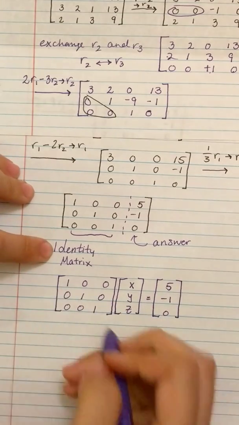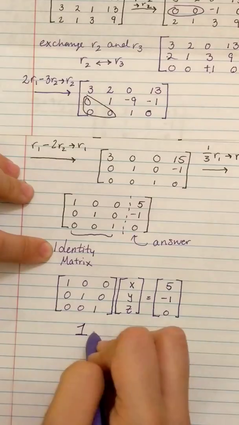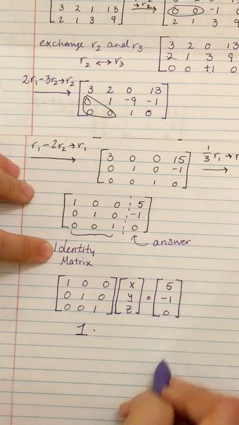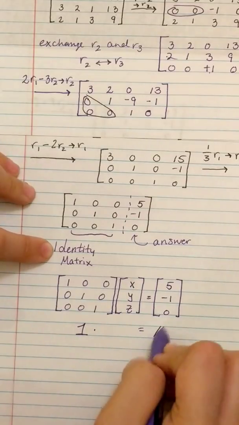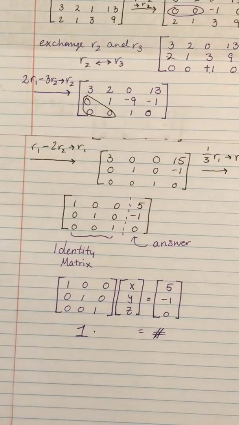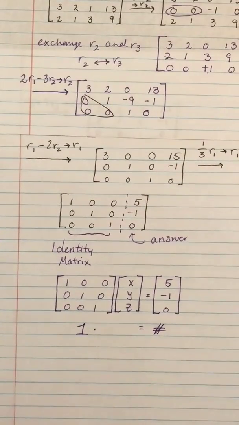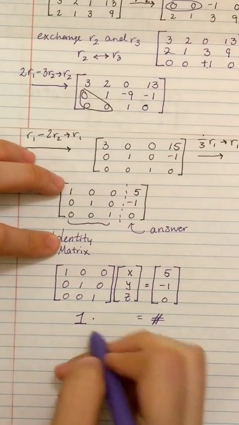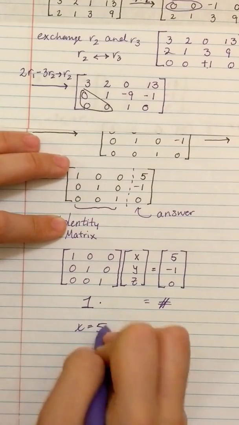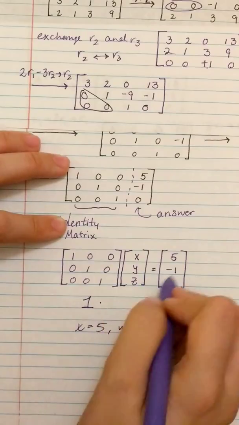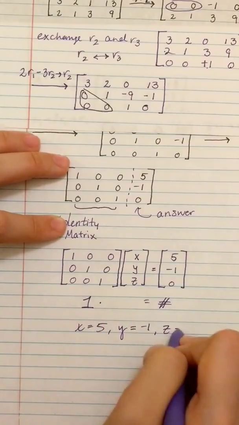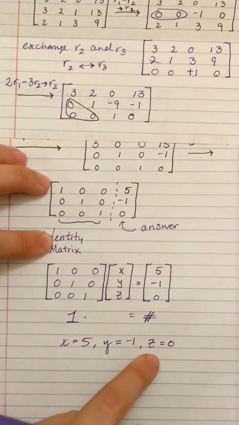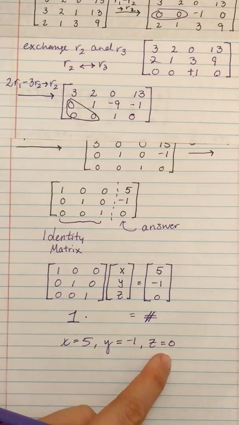So the identity matrix is a fancy way of just saying 1 times the variables is equal to the numbers. And so I can say x equals 5, y equals -1, and z equals 0. And that's what I was talking about, the z equals 0 from the first equation.